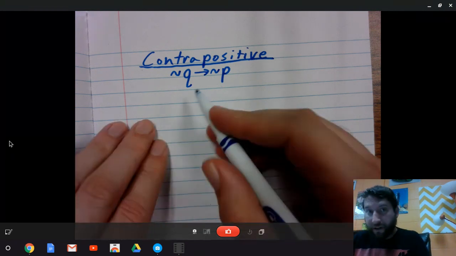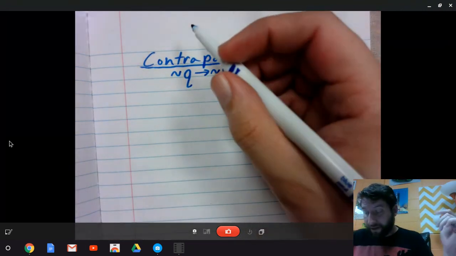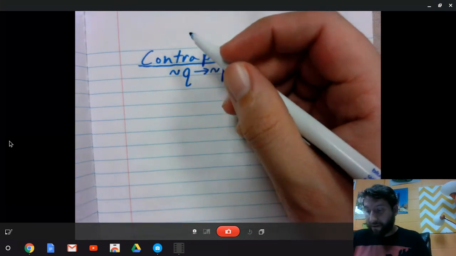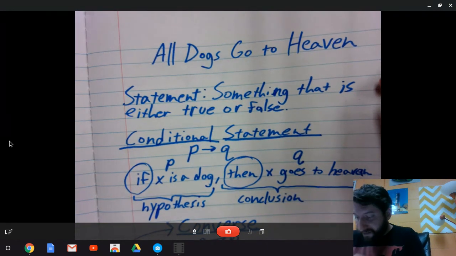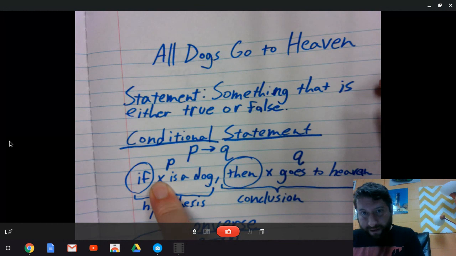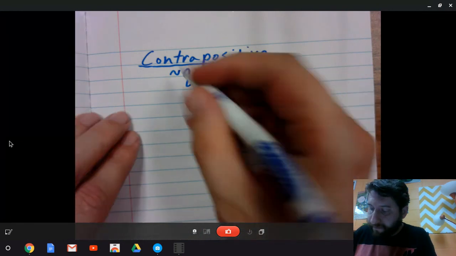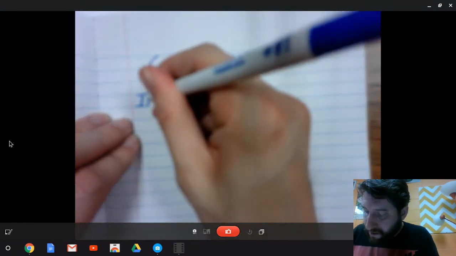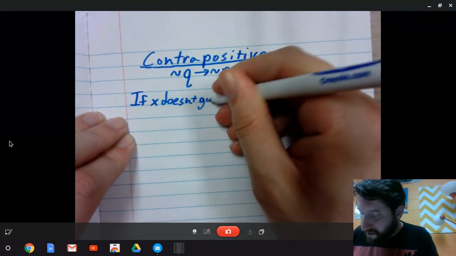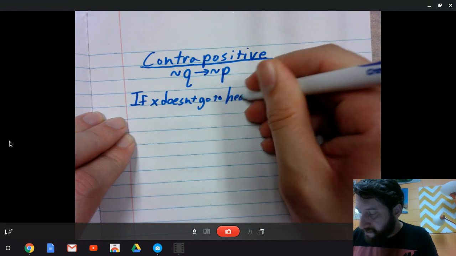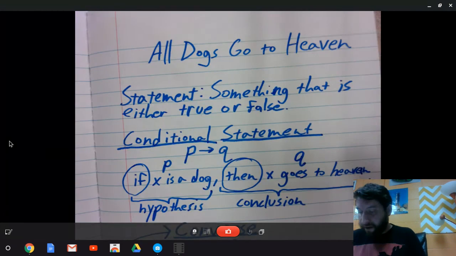So let's write out what the contrapositive is here. So for the contrapositive, we started with, on the conditional, it was all dogs go to heaven. I believe we said if X is a dog, then X goes to heaven. So we're going to switch these two around, and we're going to take the negation. So I'm going to say, if X doesn't go to heaven, then, all right, well, what do we start with?